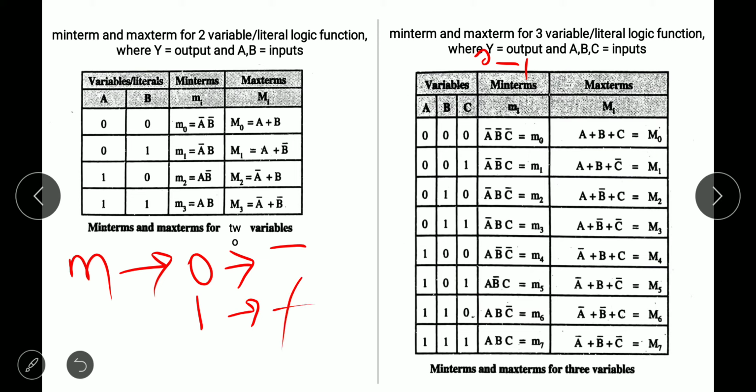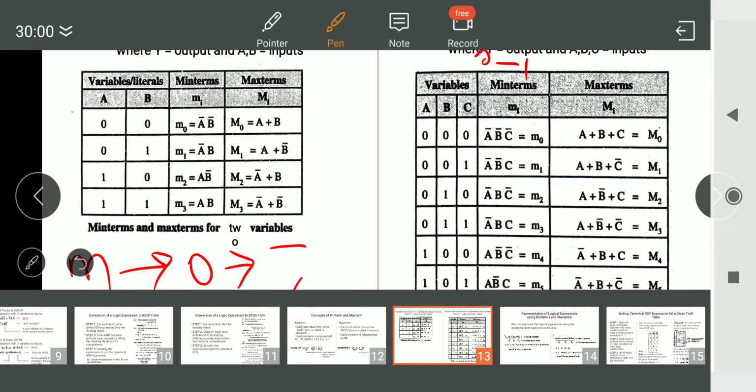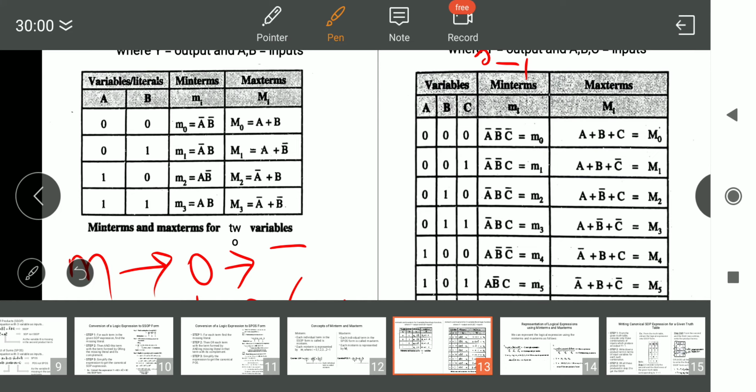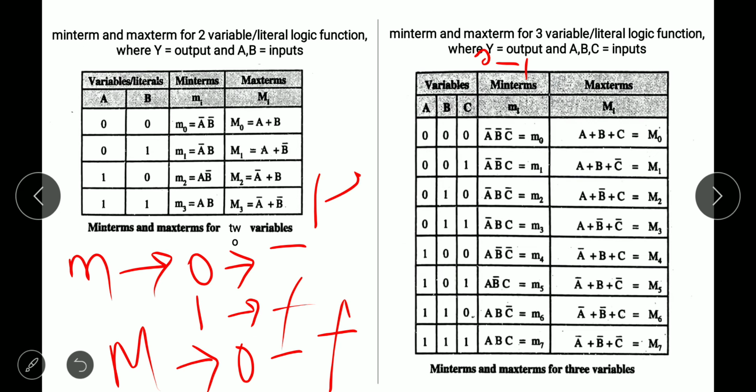But for a max term, 0 represents no bar and 1 represents bar over here. Okay, this is the technique and this is the way to write the min terms and max terms.